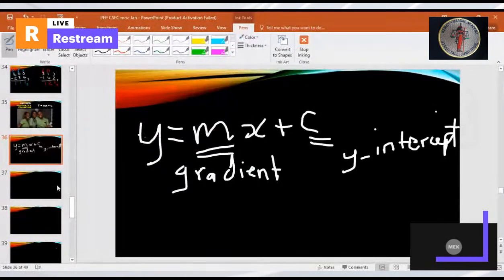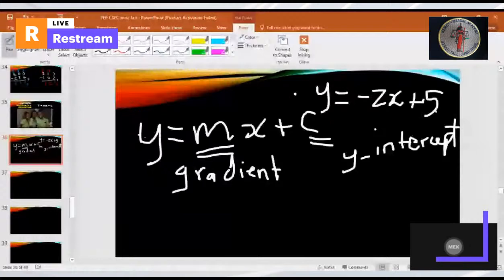So for example, if we have the equation y equals negative 2x plus 5, just by looking at the equation, the gradient is negative 2, because that is the coefficient of the x variable, and the y-intercept is 5. That means this line cuts the y-axis where y is 5.